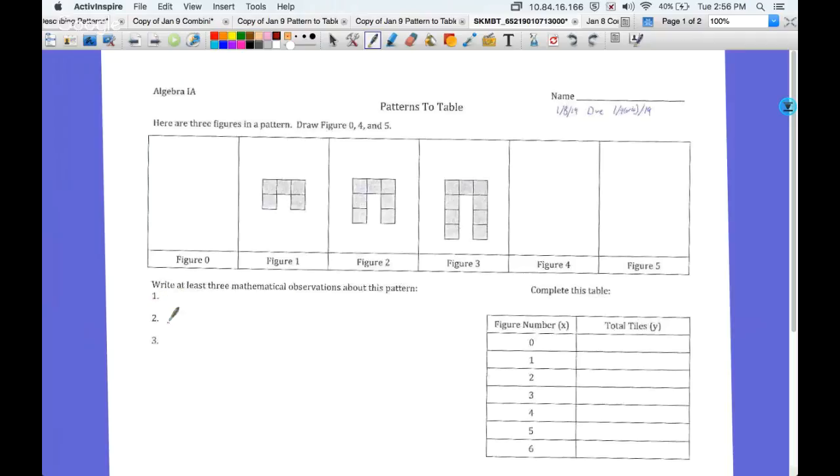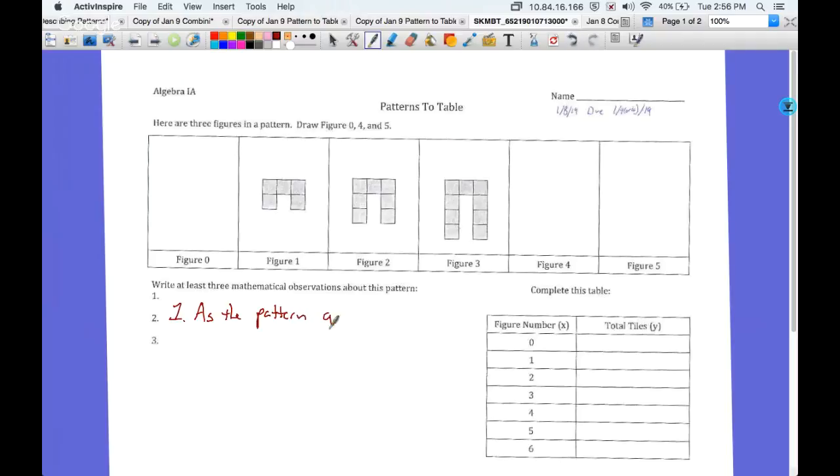One thing I notice, I'm not going to make 3. I think you can add in your own. Actually, I might make 3. But one thing I notice is that as the pattern grows, this would be a good thing to write if you're struggling to come up with mathematical observations here.